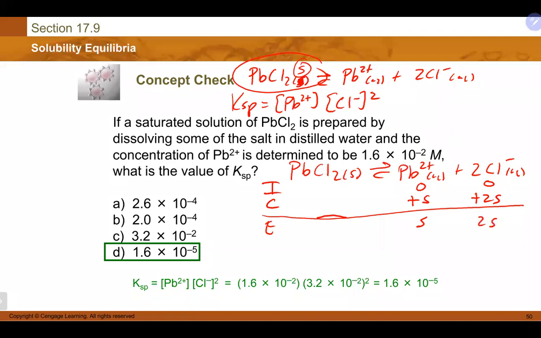The reason I use S is because I'm familiar with it, and usually in these problems we use S instead of X, because S stands for the molar solubility. But if you want to use X, you can use X too. It doesn't really matter which letter you use when you do it.